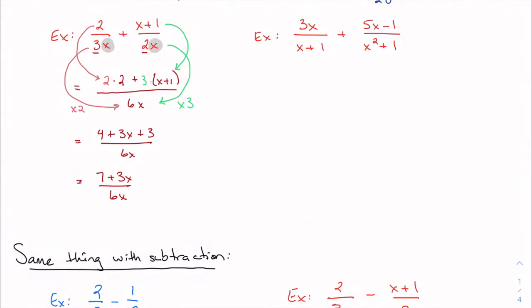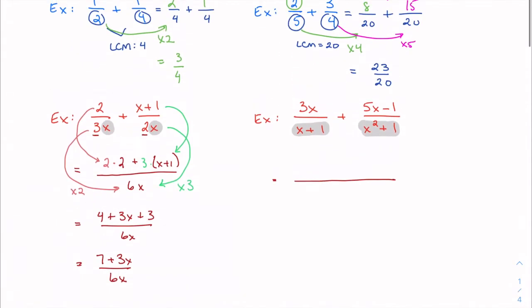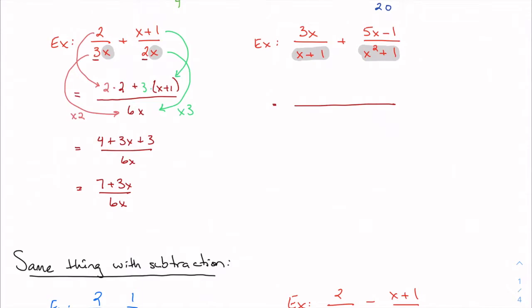Now the question turns into, well, what do we do when I have nothing really in common at all? So if we look here, right, I have an x plus 1 and an x squared plus 1. Well, there are no common factors here, really. So what do I do? Well, I do the same thing that I did up here, right? There's nothing in common, so I just took my least common multiple by multiplying them together. And in this case, that's what I'm going to do here as well.